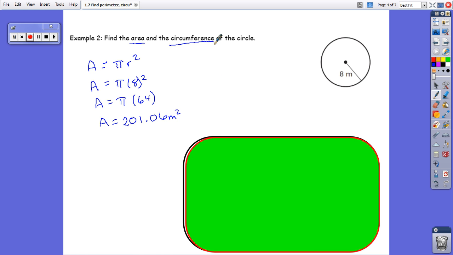So that's the first part of the answer, and then the second part, we're going to be looking for the circumference. Now, if you look at your formulas, we have two formulas. One involves radius and one involves diameter. In this problem, we have radius, so we're going to use c equals 2 pi r. So c equals 2 pi times 8.